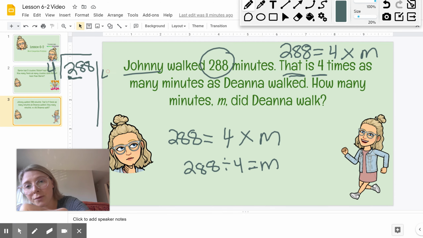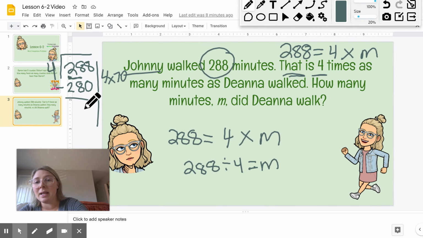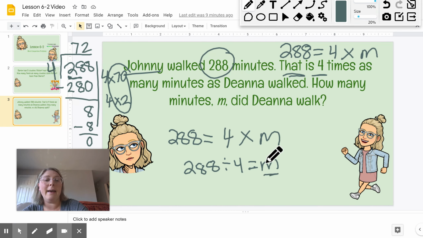So I can do 4 times 7 tens or 70 will get me 280 or 28 tens, and subtract it. I'm left with 8. 4 times 2 gets me 8. I have no remainders. So 72 is my M. M equals 72. And M is how many minutes Deanna walked. So she walked 72 minutes.